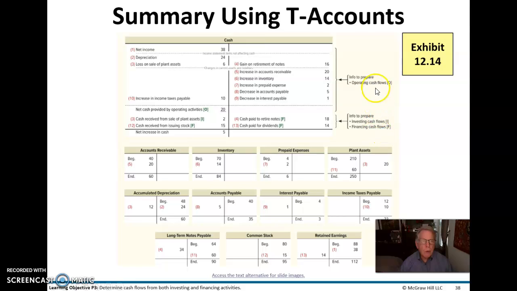And so the information to prepare for the operating cash flows are our current assets and current liabilities. And then we have our investing and financing activities below this little dotted line here. And it shows the other classifications' impact on cash.